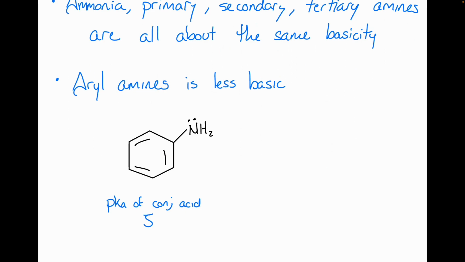All right, and so why might that be? Okay, well again, to be a base, it's got to be able to donate this pair of electrons in an acid-base reaction. And with that benzene ring right next door, it's got these resonance contributors spreading that negative charge, spreading that lone pair around that ring.